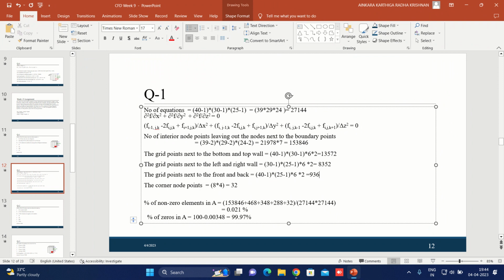One, two, okay, 2 into 2 into 2. This 1 into 1 into 1. Number of grid points is 1.